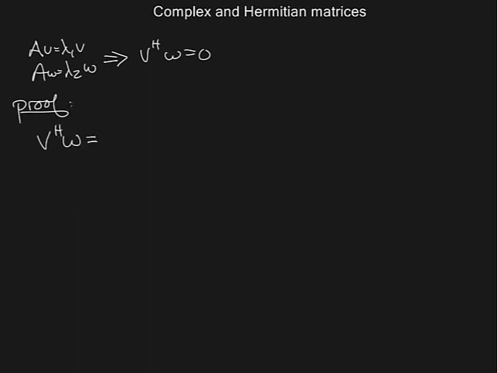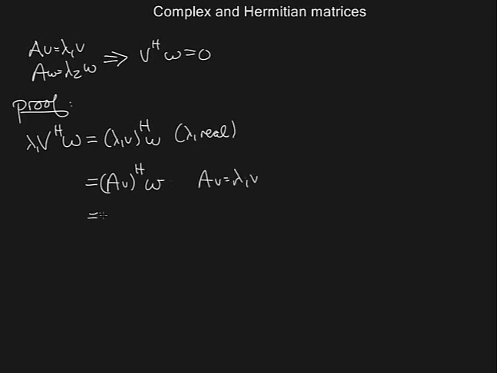Well, let's compute V^H W. Let's multiply it on the left first by lambda 1. Then we have lambda 1 V^H times W, since lambda 1 is real. And lambda 1 V is (AV)^H W. And that's V^H A W by the usual thing.